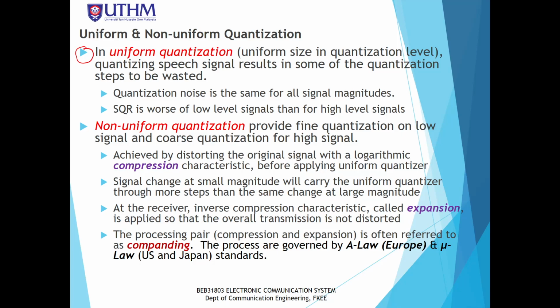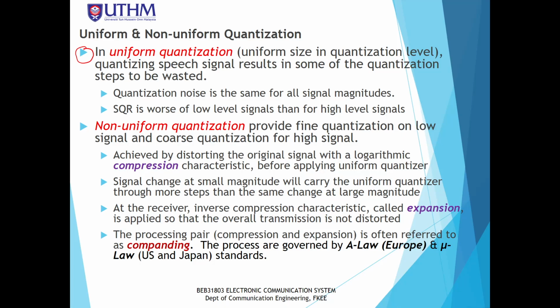In uniform quantization, with uniform size in quantization level, quantizing a speech signal results in some of the quantization steps being wasted. So if we sample all types of signal equally, there are going to be some problems where we waste some of the step size for certain types of signals.